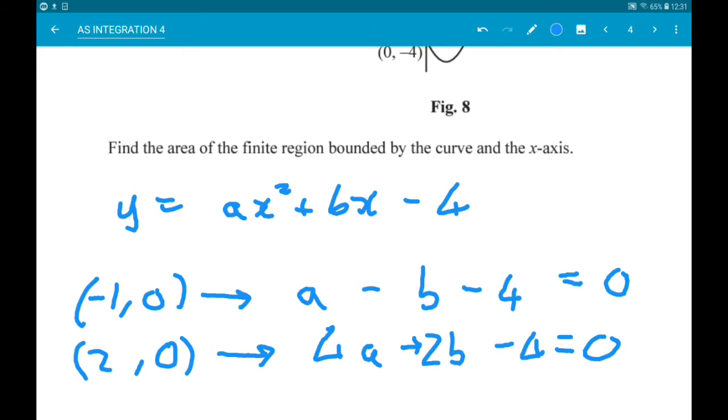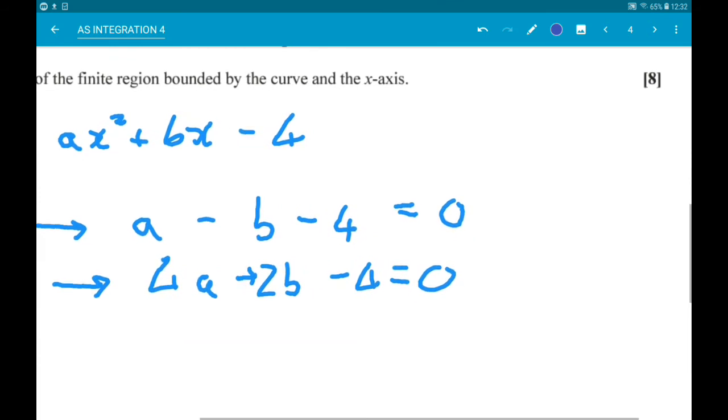Okay, so now it's a game of simultaneous equations. So if we call these 1 and 2, I'm going to multiply number 1 by 2 to get minus 2b.